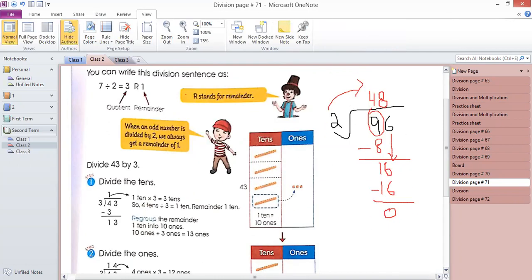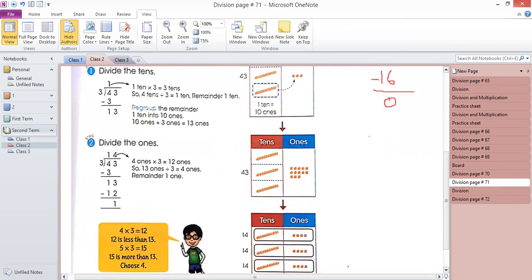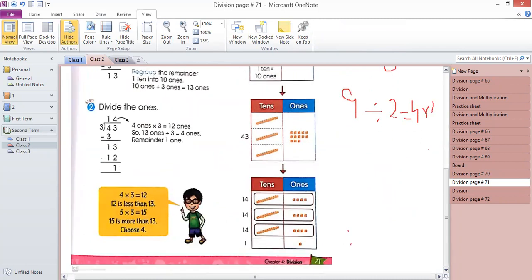And if I want to, I can show you also 9 divided by 2. 9 divided by 2 is 4, remainder 1. Look, if there are 9 balls, 1, 2, 3, 4, 5, 6, 7, 8 and 9.